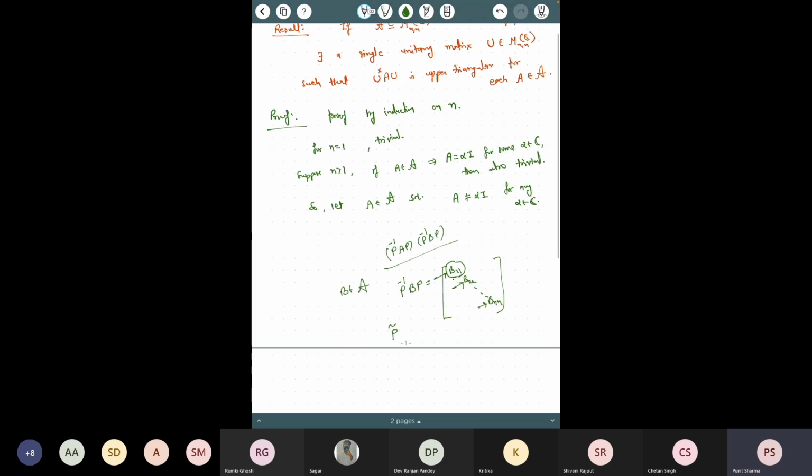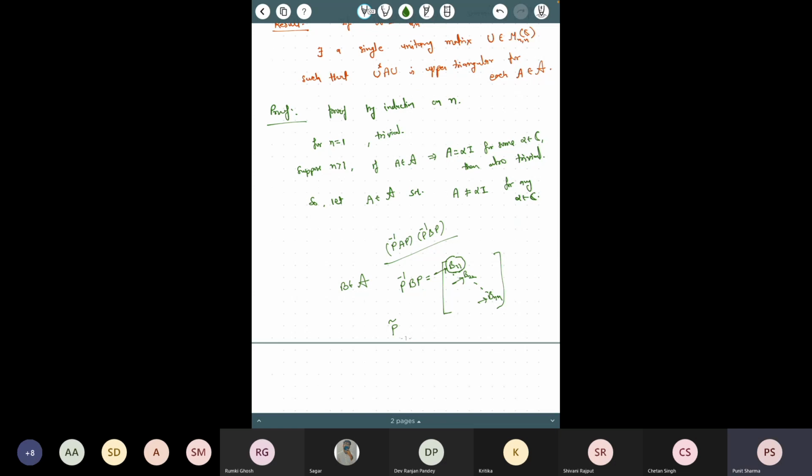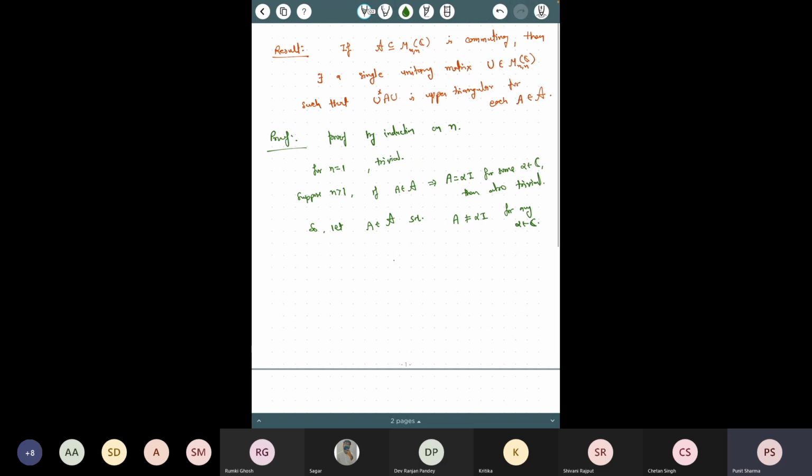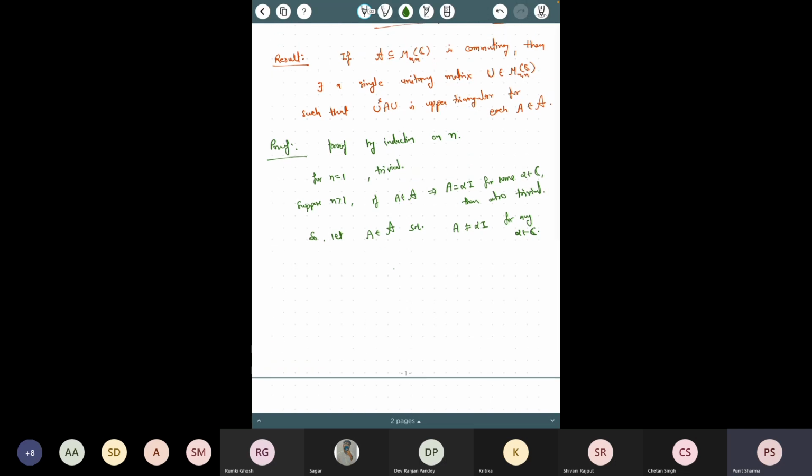This is what we are given. So we will use the fact that a complex matrix has at least one eigenvalue.